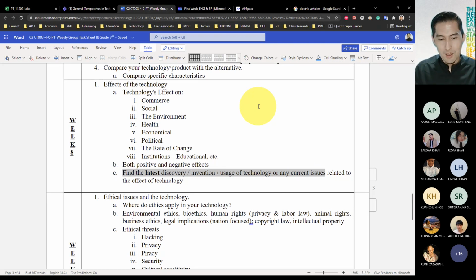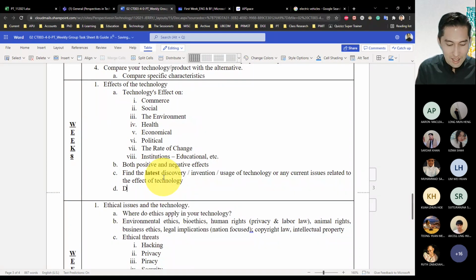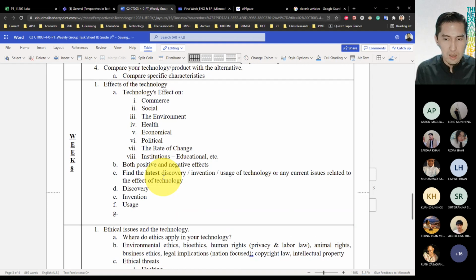I've noticed a group of students last semester who took this too literally. What they ended up doing was dividing among their team members: you do discovery, you do invention, you do usage, and one of you do issues. When they found the information, they realized a lot of it was overlapping.